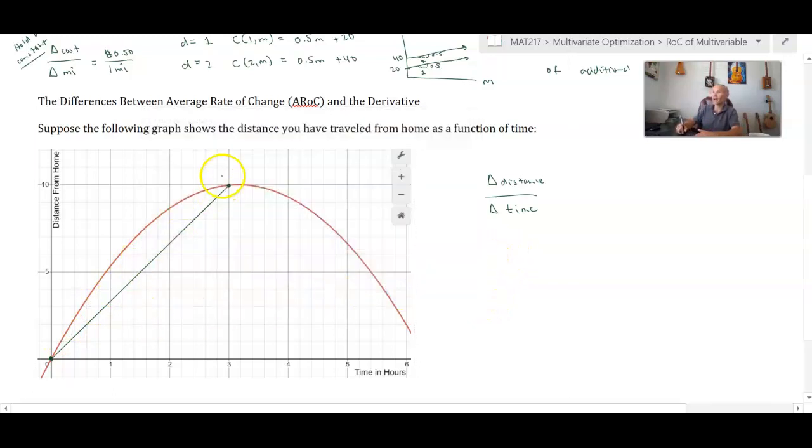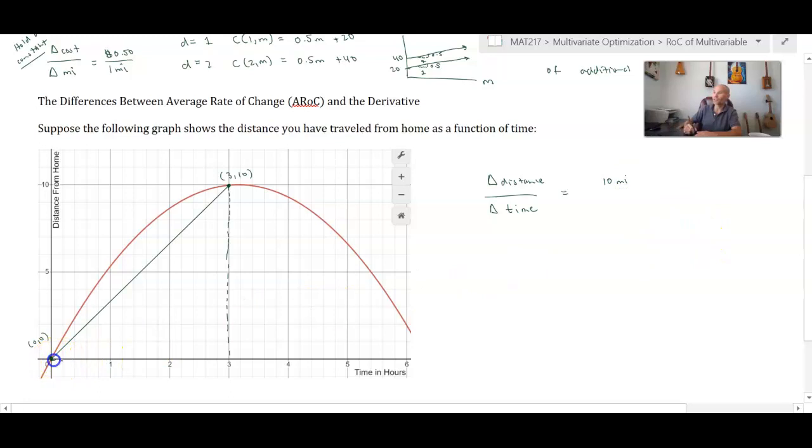So if I imagine that this is roughly the point 3, 10, and this is the point 0, 0, then the change in distance is this length right here, the total distance between these 2 points. 10 minus 0, that's 10 miles.